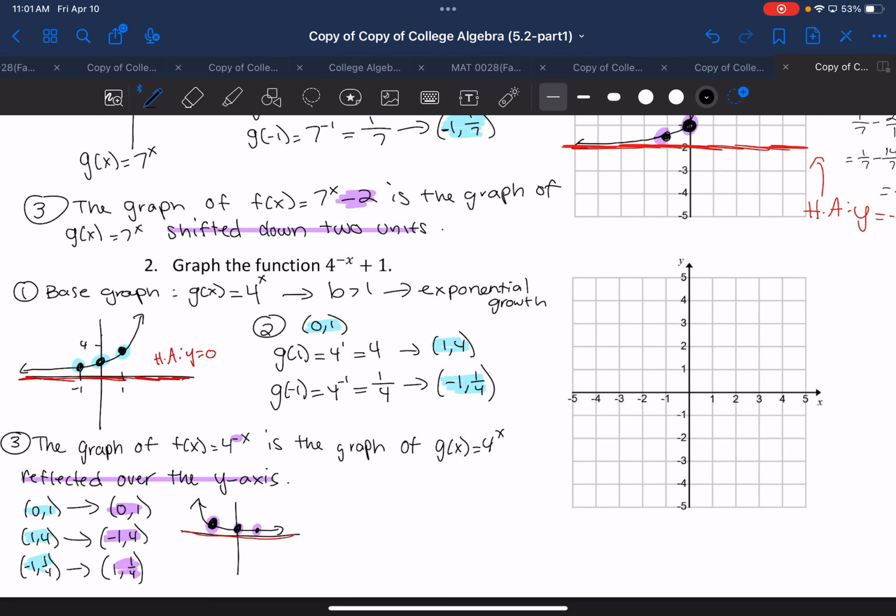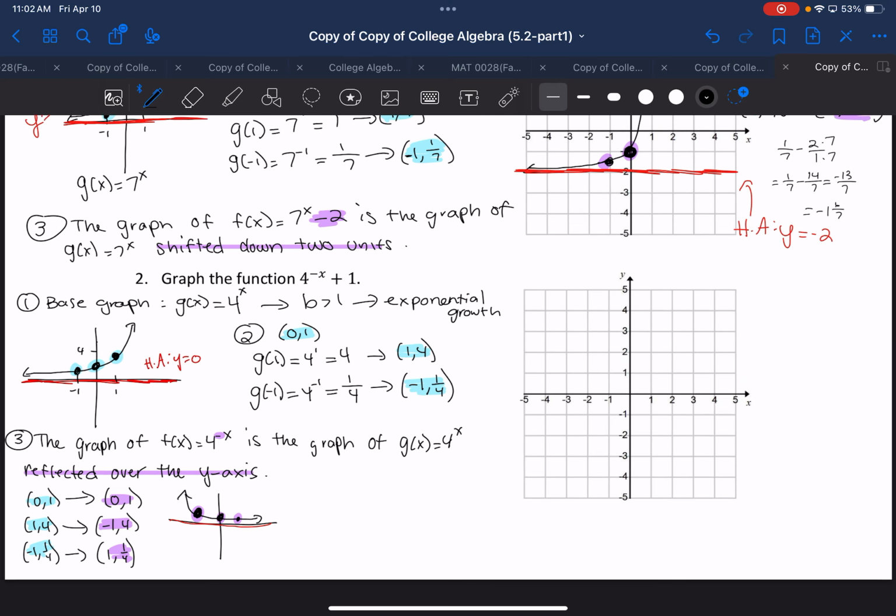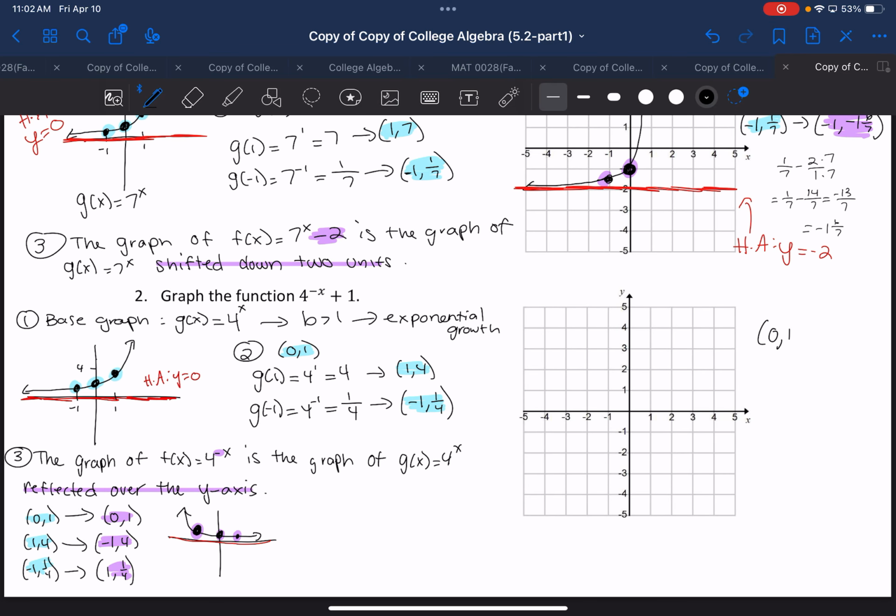And so now I have one more transformation to deal with, which is the plus 1. So all of these points will now shift up 1 unit. So the 0, 1 will become 0, 2.